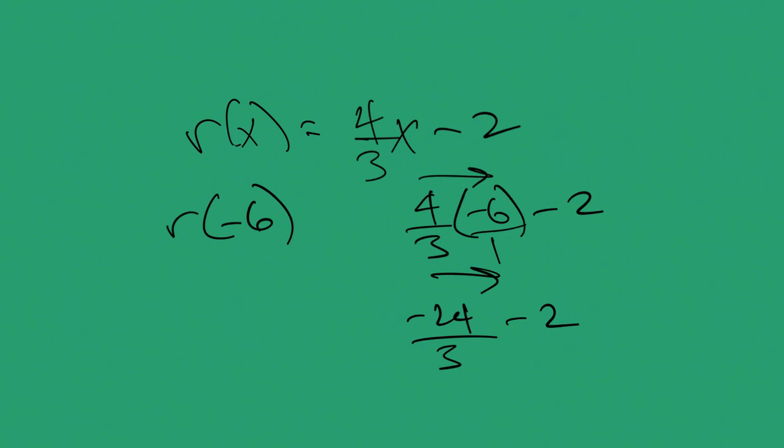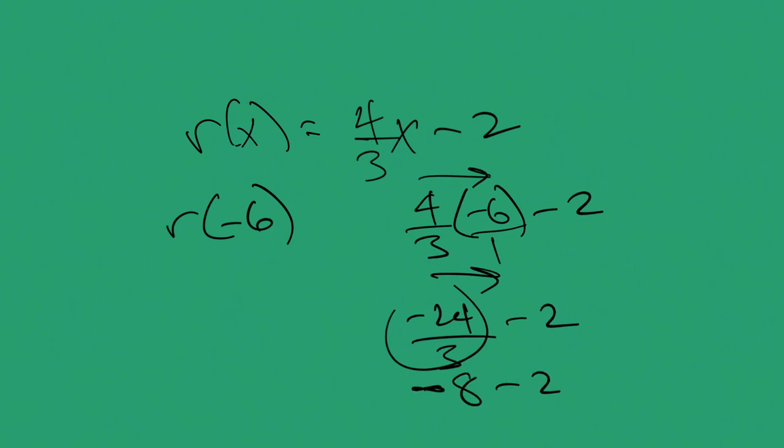Still got our minus 2 sitting over there. What is negative 24 divided by 3? We've got a negative being divided by a positive, so it is negative 8. Negative 24 over 3 becomes negative 8.